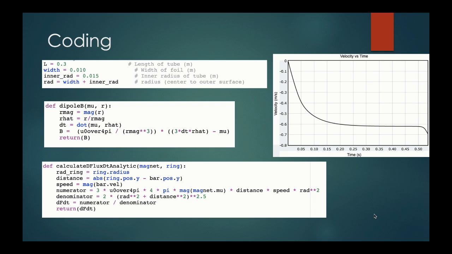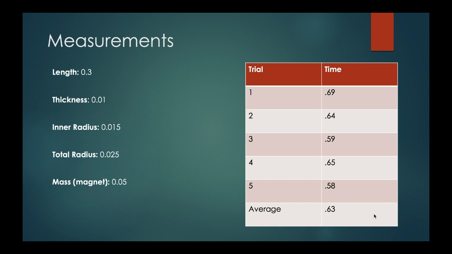And then over to the right, you can see the velocity versus time graph for how the magnet fell through the tube. And as you can see, it pretty much accelerated the whole way through, but the acceleration slowed because of the opposing forces. And there you can see it ends around 0.6 seconds. So if we go back a slide, that's not too far off from the actual data that we collected.